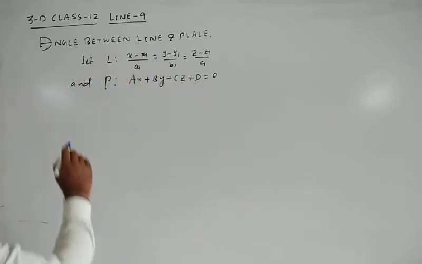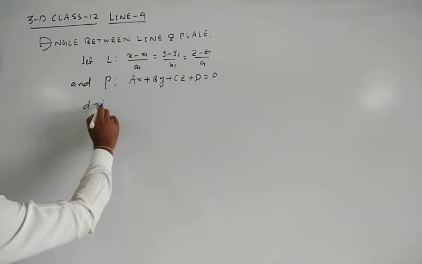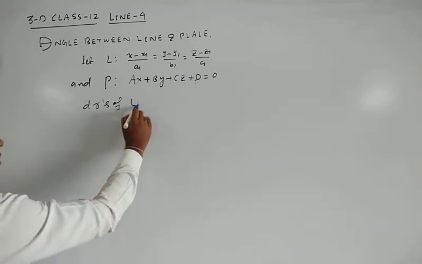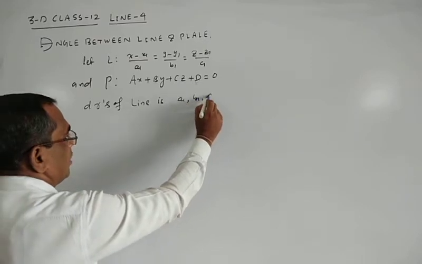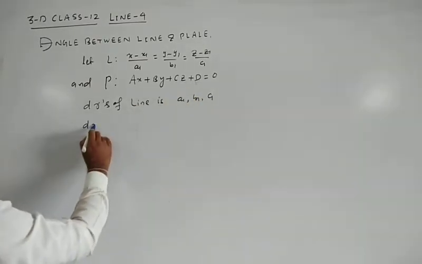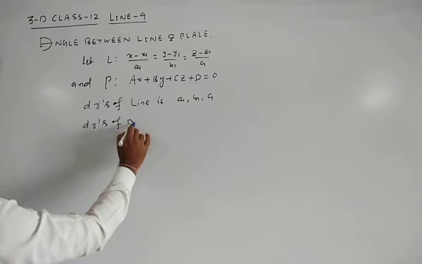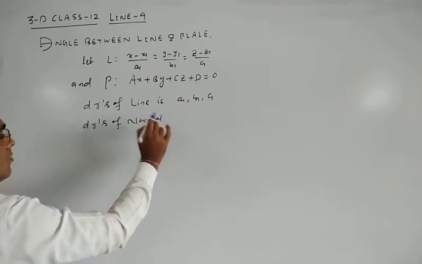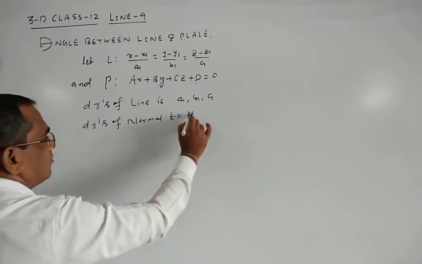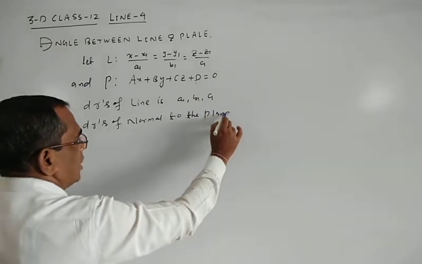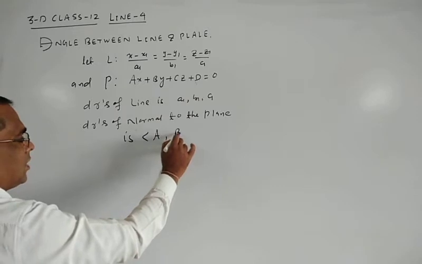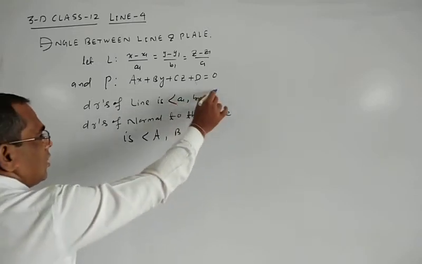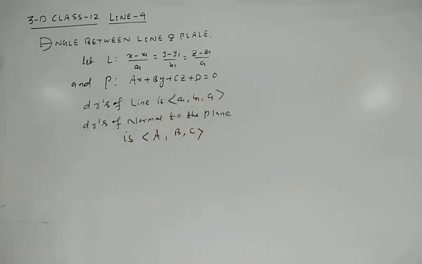Okay. So the direction ratio of the line is a1, b1, c1. The direction ratio of the normal to the plane is capital A, capital B, capital C. What will be the angle between the line and a plane?